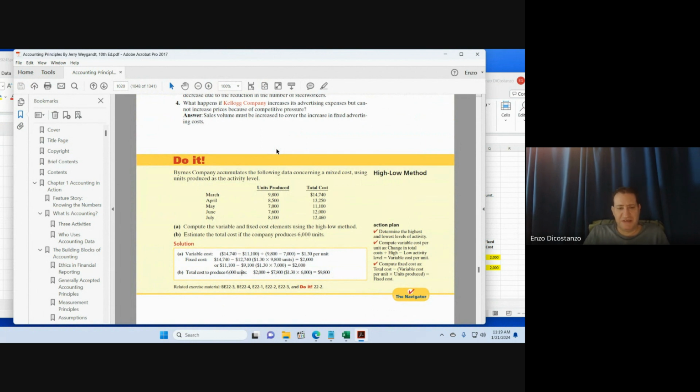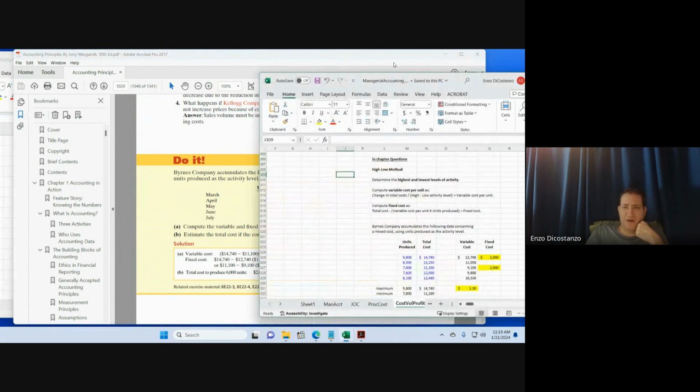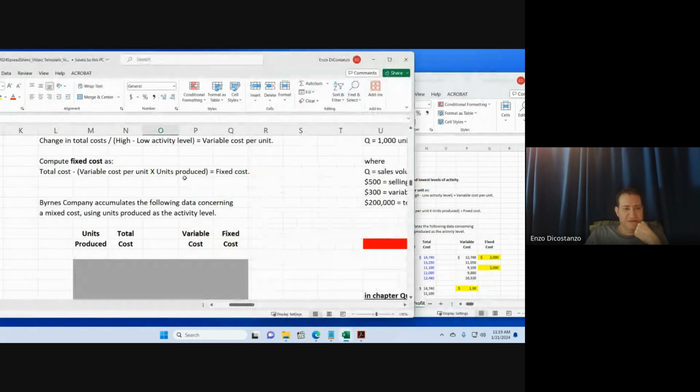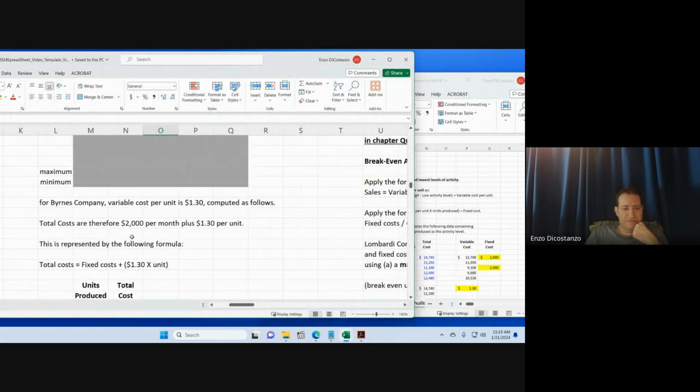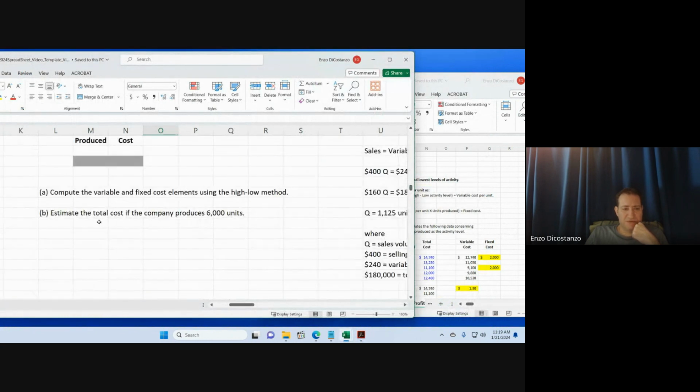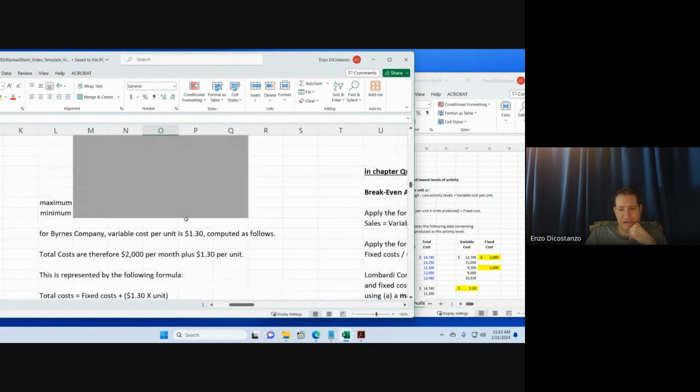The question is: compute the variable and fixed cost elements, and then estimate total cost of the company for 600 units. The answers are there, but we want to work through how we're going to do this. You know what the two questions are.